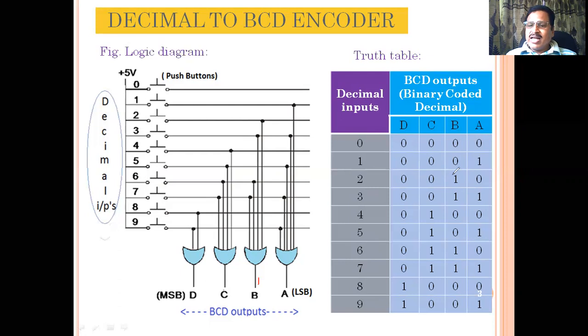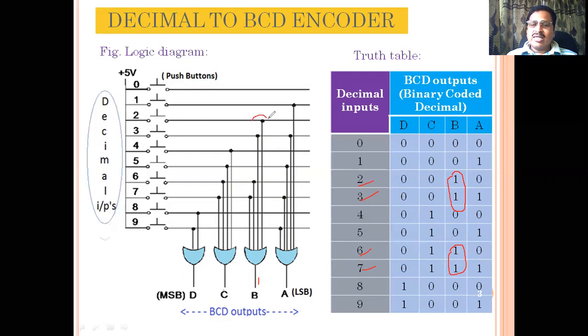B becomes 1 if the selection of decimal inputs is 2 or 3, 6 or 7. So if we select any one of 2 or 3 or 6 or 7, B becomes equal to 1. Therefore, we have to connect decimal inputs 2, 3, 6 and 7.